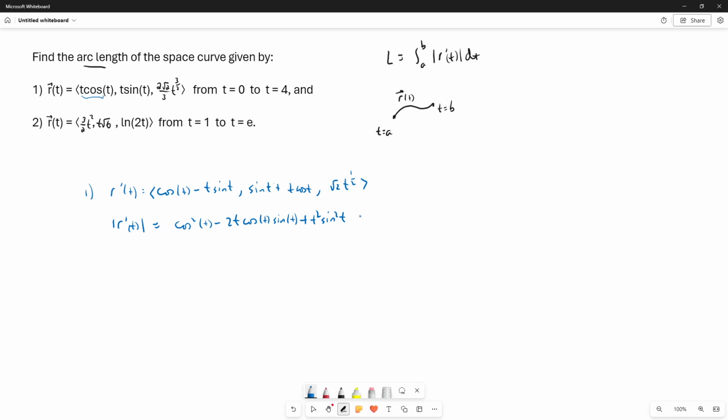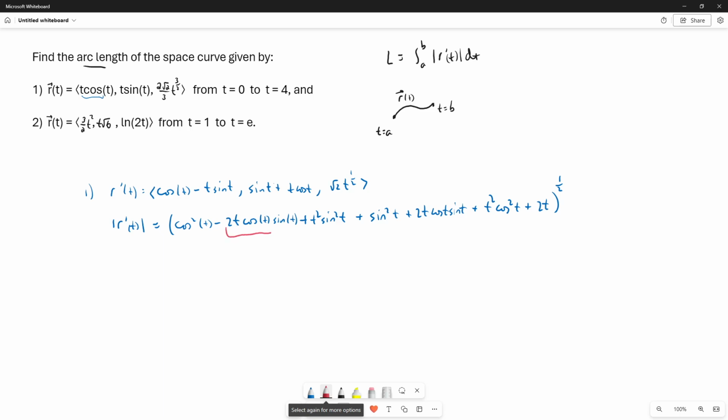And then plus, and do the same for the second component, a plus b squared is a squared plus 2ab, and then plus b squared, t squared cosine squared t, and then square this one, we'll get a 2, and we'll get a t, so 2t. And then we have to take all of this to the 1/2.